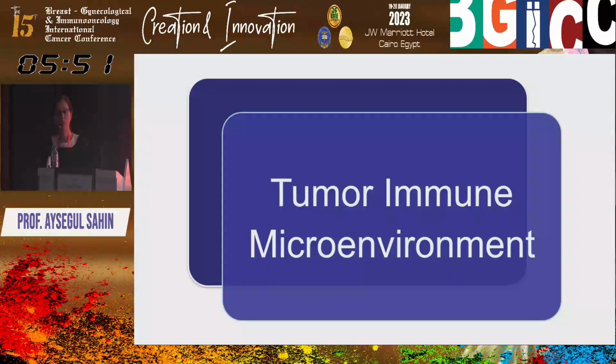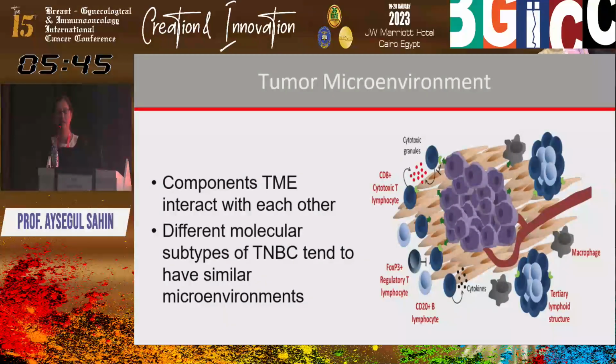And in terms of the tumor immune microenvironment, again, we have a wide distribution. We know that the tumor microenvironment is also a very dynamic concept, including not only the cytotoxic T lymphocytes, but macrophages and cytotoxic granules.